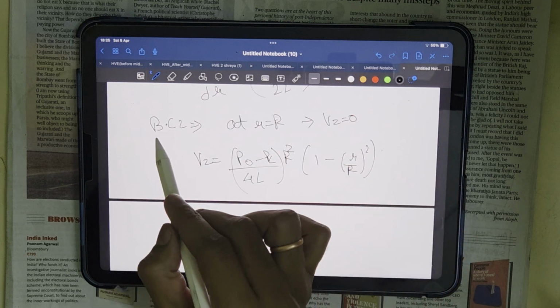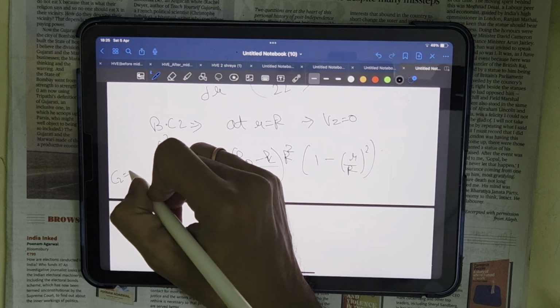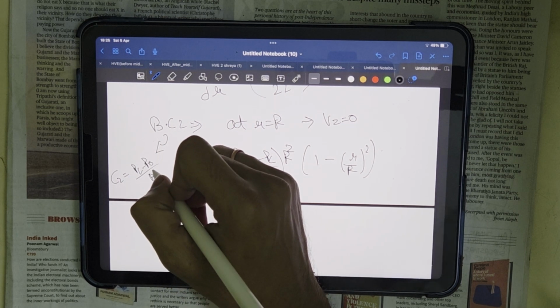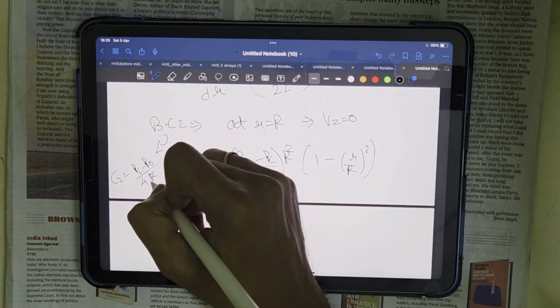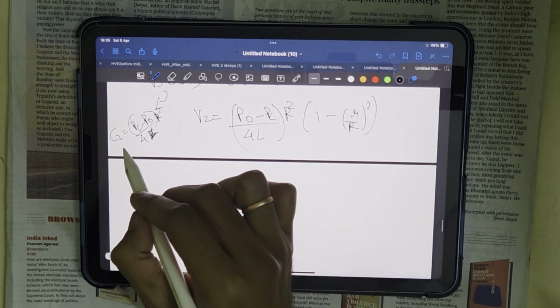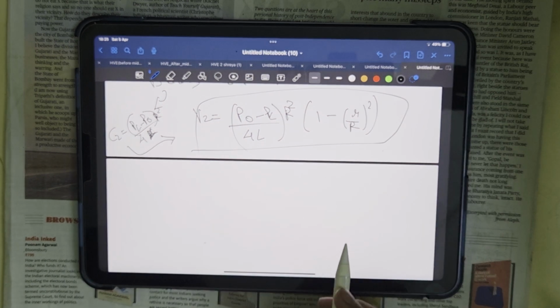C2, which we calculated by boundary condition 2, becomes C2 equal to (PL minus P0) upon 4 mu L into R square. We have substituted this C2 in this, and this is the final velocity profile equation.